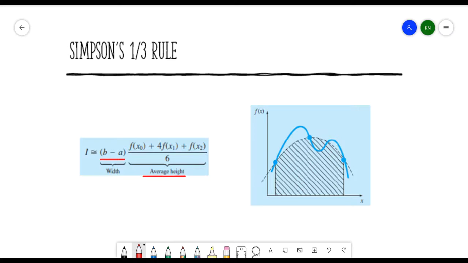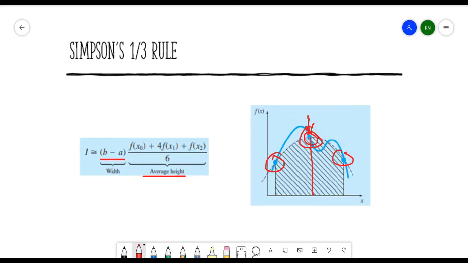From here we have this graph, which has 3 points, meaning in a graph, you'll need to divide the graph in half, and that's how you can get the value for the middle point.